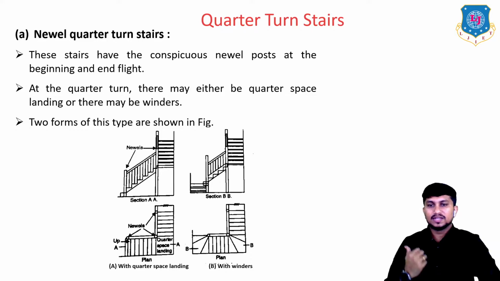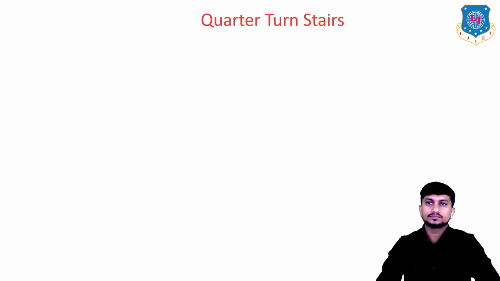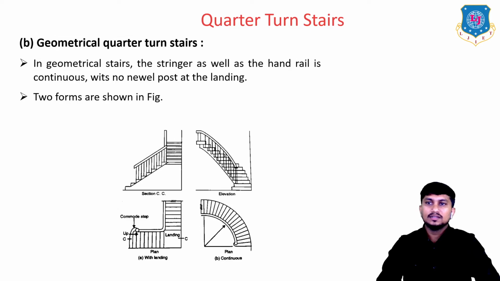You can clearly see the quarter space landing is provided when one portion of flight is completed. While in B figure, you can clearly see there is a continuous type of stair, so the winders are provided. B type is geometrical quarter turn stair.